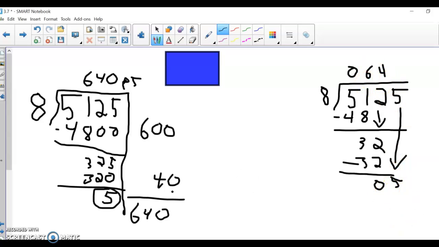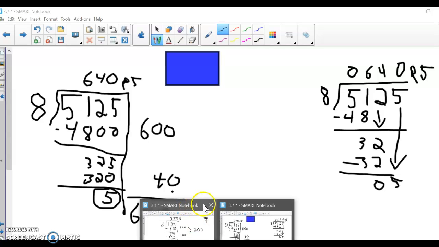So my answer is 64. Be careful. You need an answer above every place value. 8 goes into 5 0 times. So your answer is 640. You have 5 left over because there's nothing left to bring down.